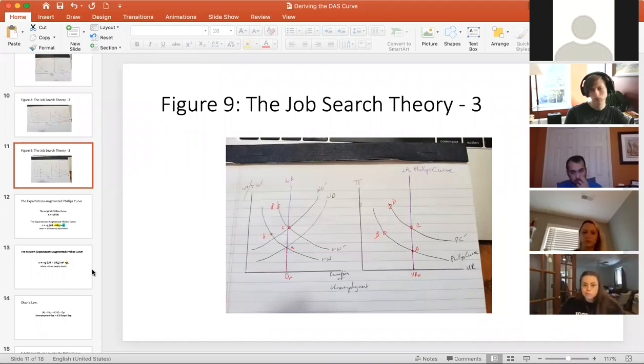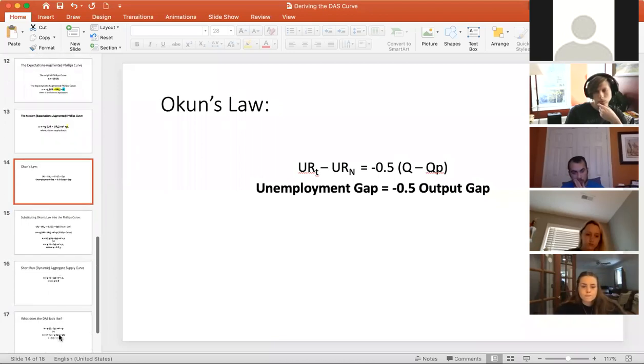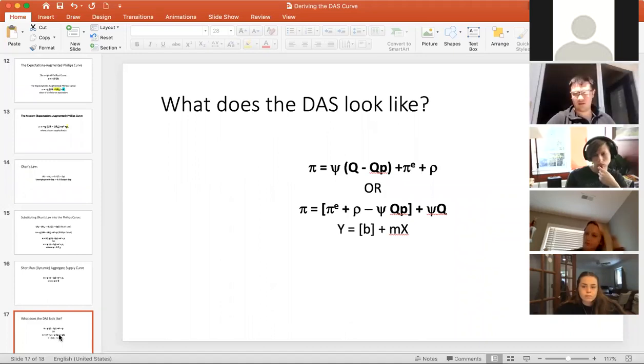What is the actual inflation rate going to be? It's going to be equal to inflationary expectations, exactly, because this term is 0 and this term is 0.